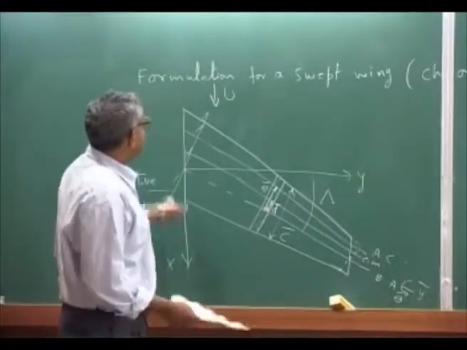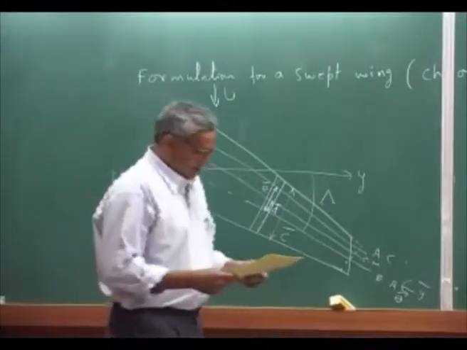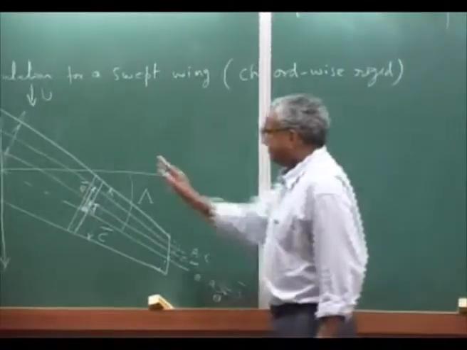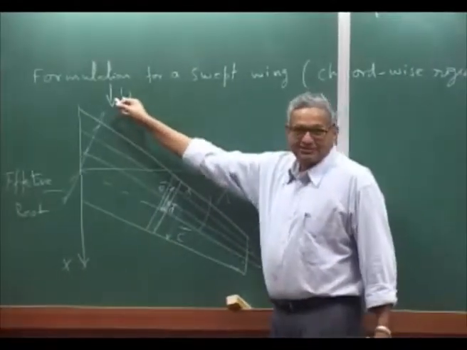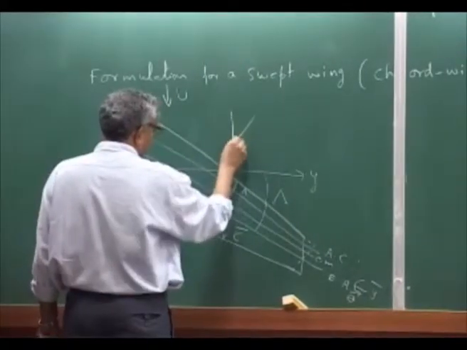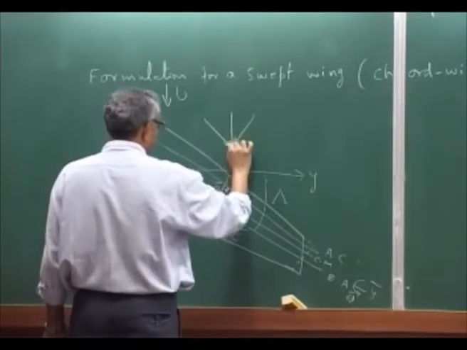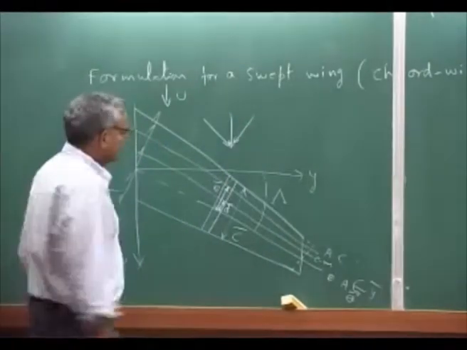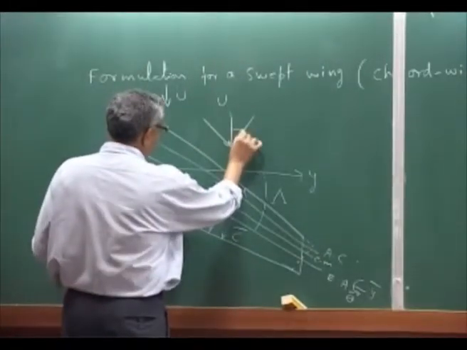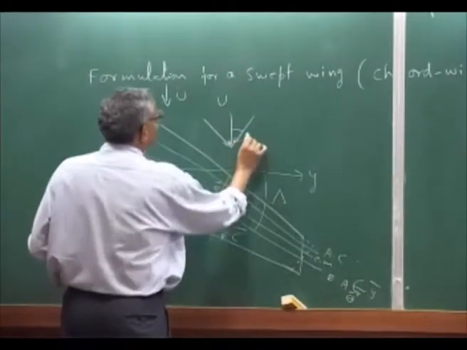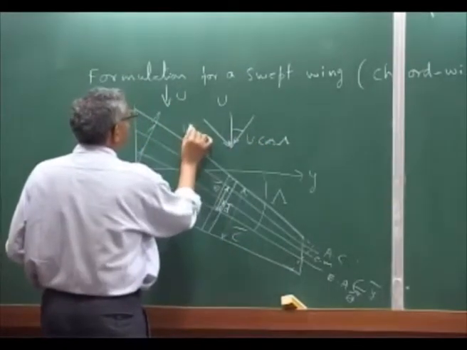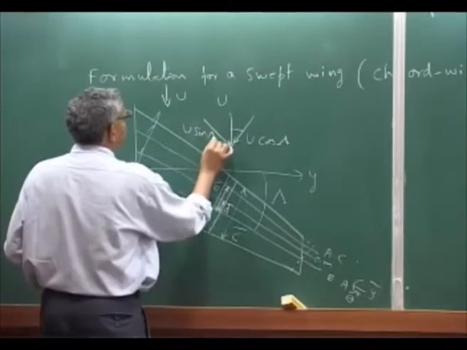to the elastic axis. Now essentially what we are going to do is we resolve our oncoming velocity into two components. This is U and this is lambda, so U cos lambda, and this is U sin lambda.